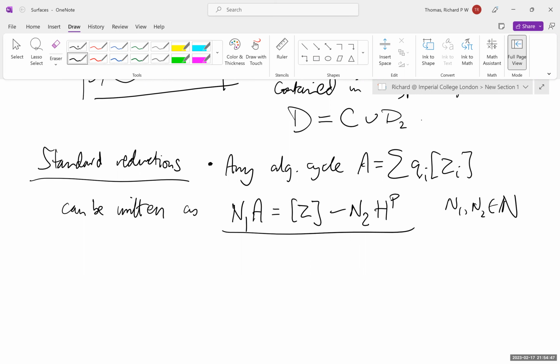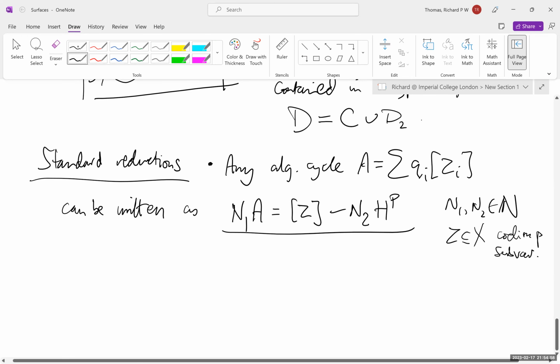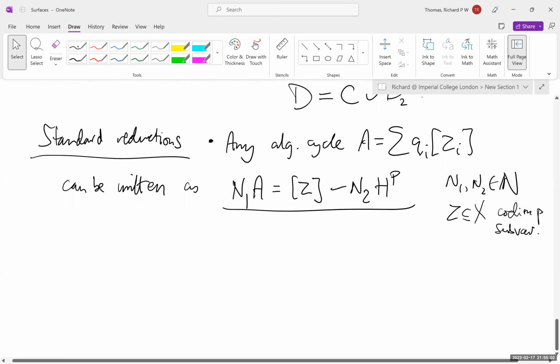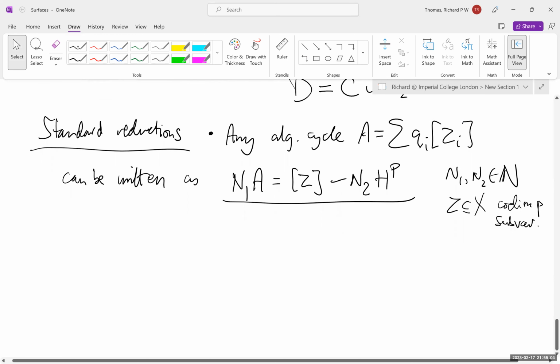And Z is really a codimension-p subvariety. So we don't have to take all these crazy rational combinations, up to multiplying by a big integer.